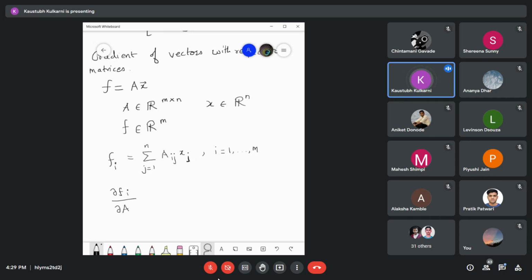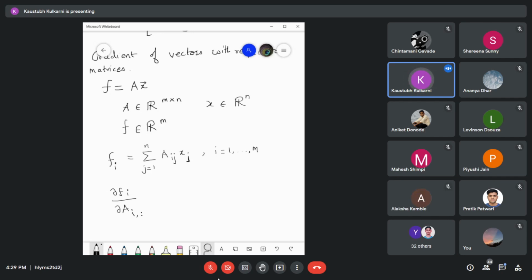If you are calculating the partial derivative of fi with respect to a row of A, and if the function number and the row number are the same, that is dou fi by dou ai colon, this colon means all columns of the ith row.